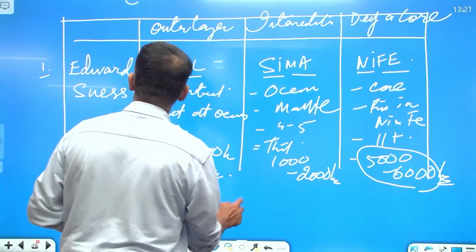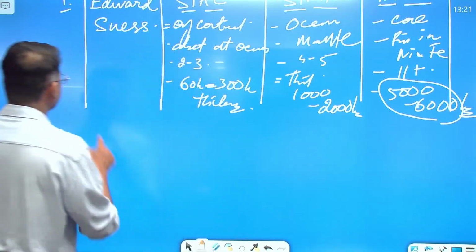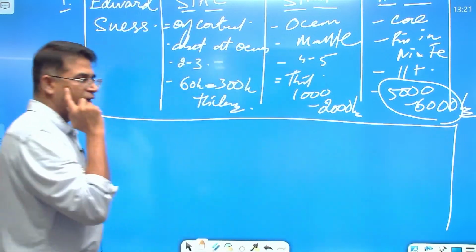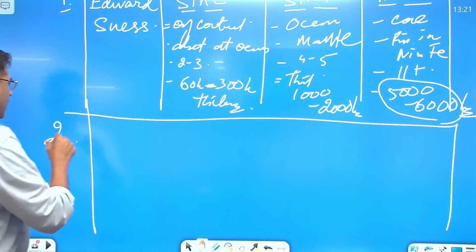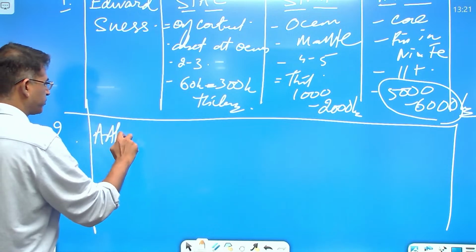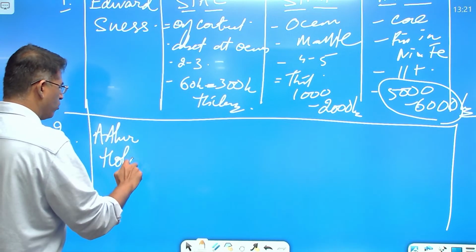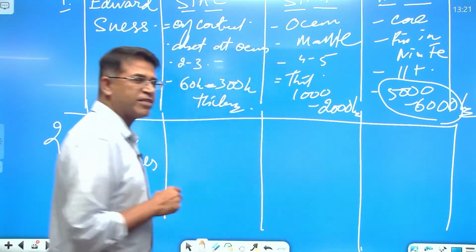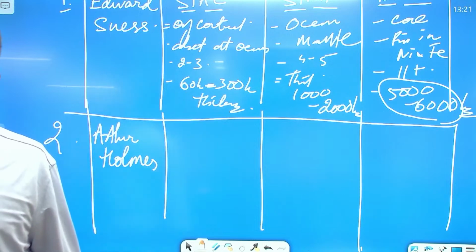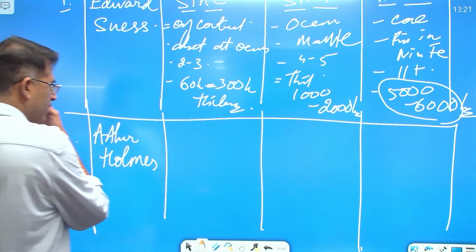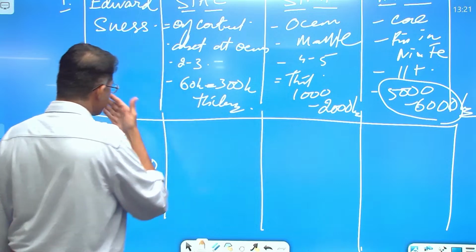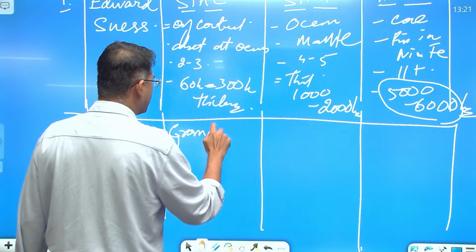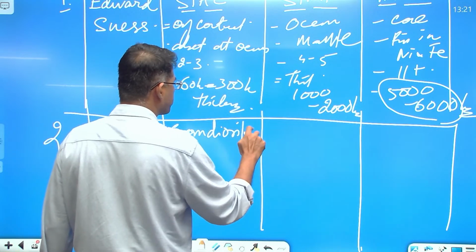Okay, this is one model. There was another model, given by Arthur Holmes, again a very famous geophysicist. He says that the Earth has 3 layers. The outermost layer he called the granodiorite layer.